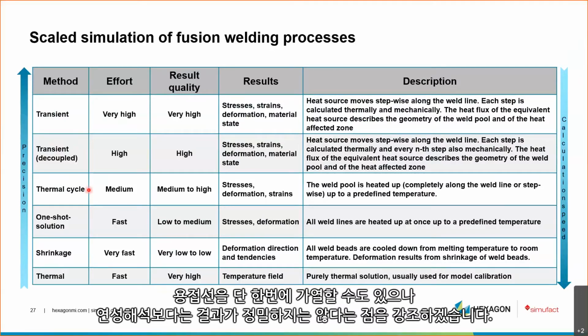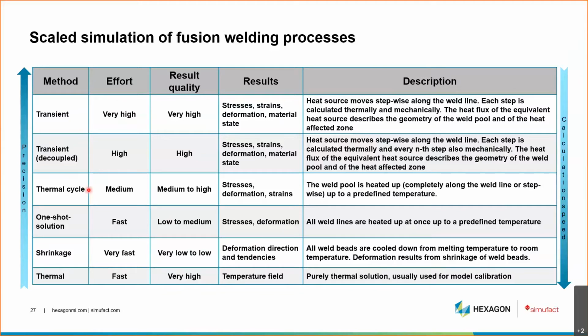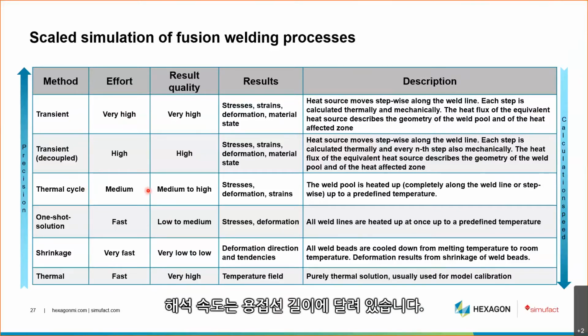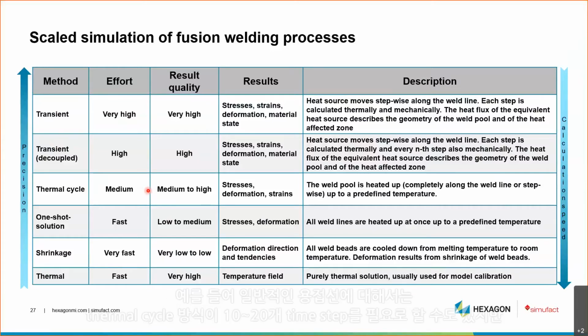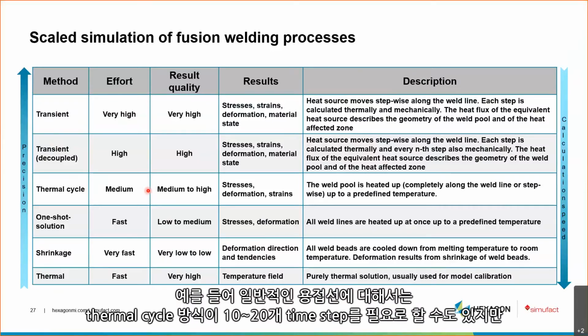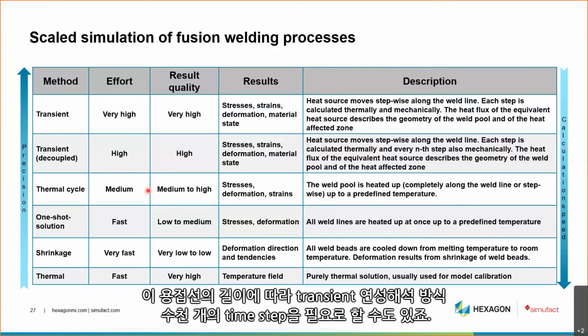So you get the deformation, but it's once again less precise than you would get from the transient mode. The speed up depends on the length of the weld line. For instance, for a usual weld line, the thermal cycle method would need maybe 10 to 20 time steps, while depending on the length of this weld line, the transient method would need maybe thousands of time steps.